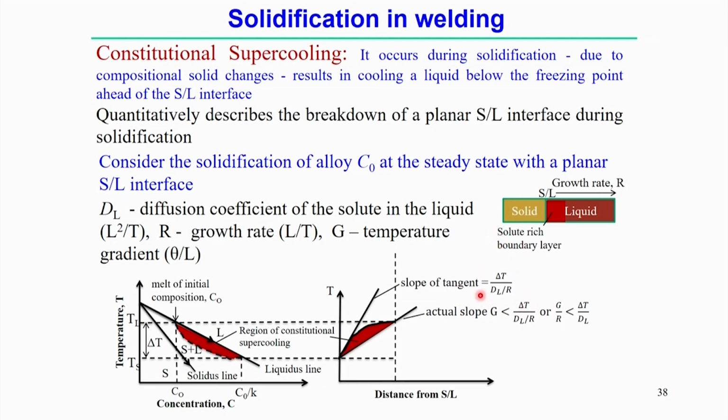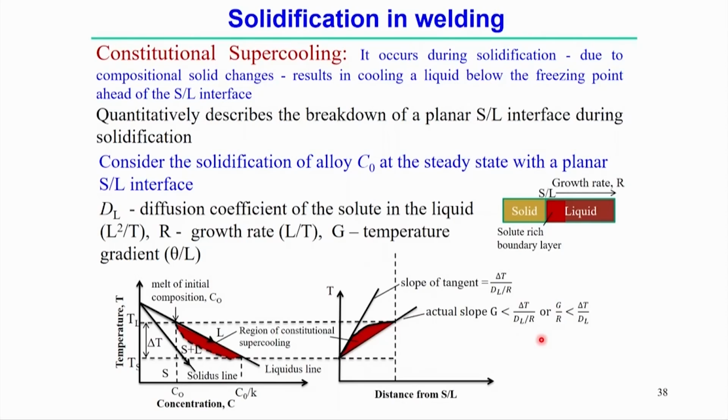So, in this case it is very obvious, and from the figure also very clear, that the actual slope G is less than or equal to the slope of the tangent. We have estimated the temperature difference during supercooling and the distance travelled by the solid liquid interface in terms of diffusivity and growth rate.